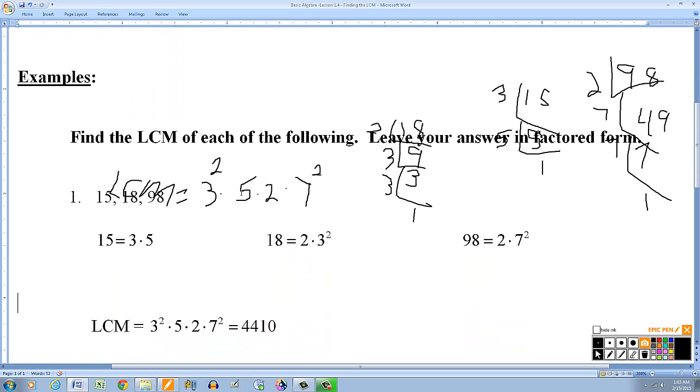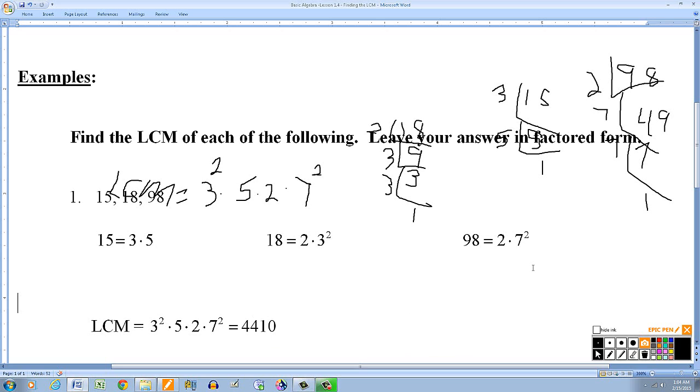If you multiply these numbers out, you'll get 4,410. And to double check, you could divide 15 into 4,410, and it'll divide with a remainder of 0. 18 will divide it with a remainder of 0, and 98 will divide it.